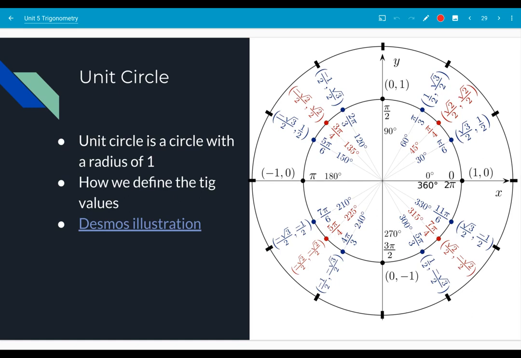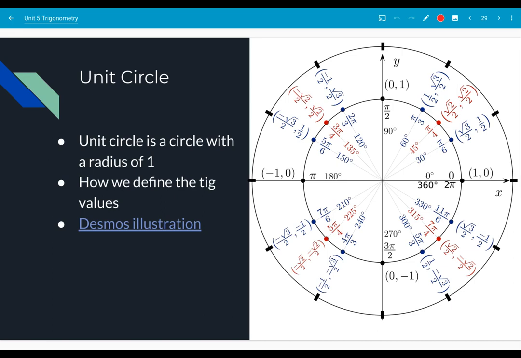Okay. So the unit circle. I highly recommend you check out the actual notes so you can go to this Desmos illustration. I'm also going to talk about it in class. The unit circle is how we define trig values.